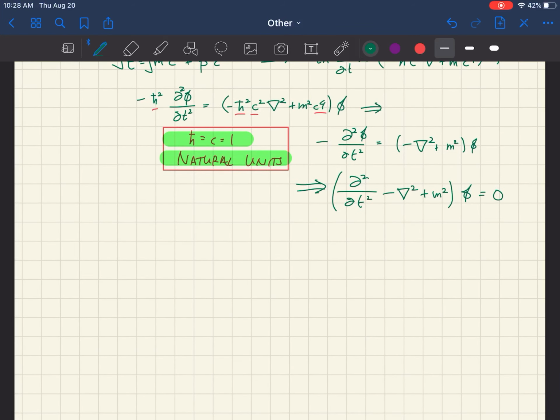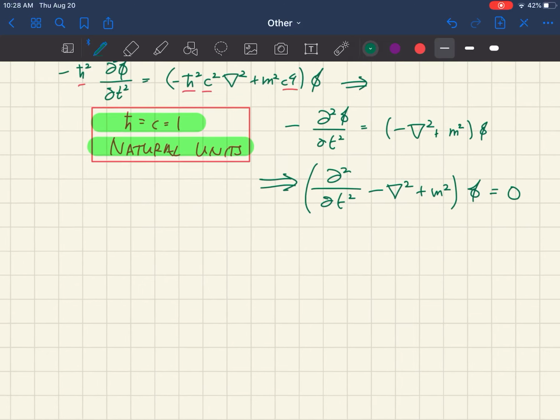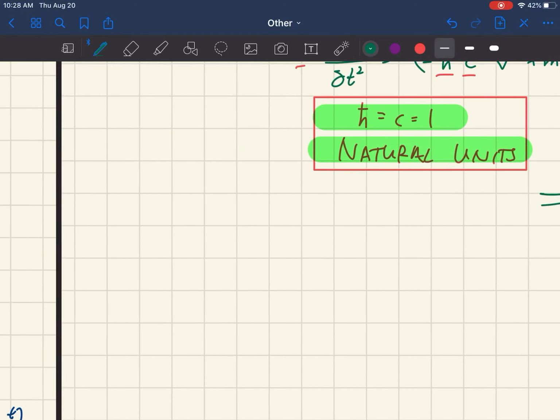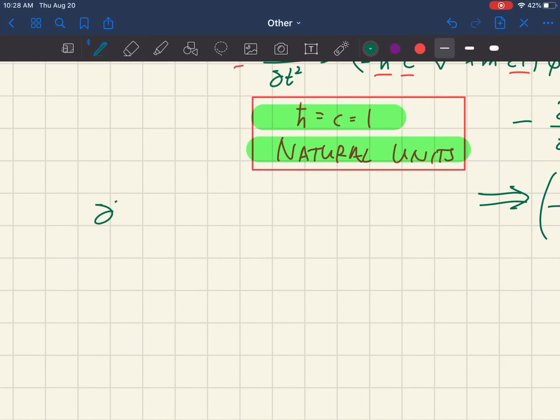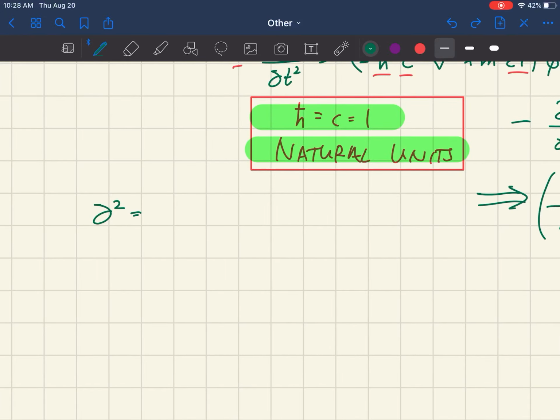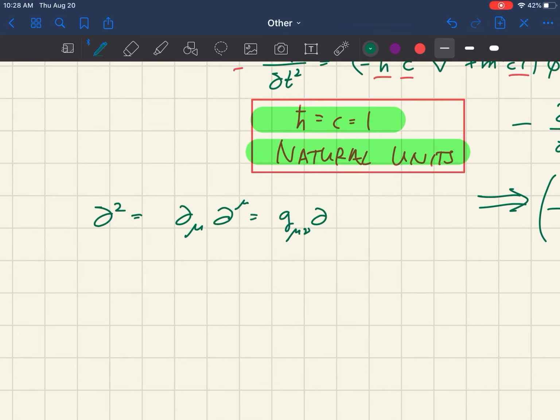But wait, there's more, because we can make the following substitution. We can take this operator, del squared, and what we're basically doing is making a contraction with the metric tensor and expanding this.